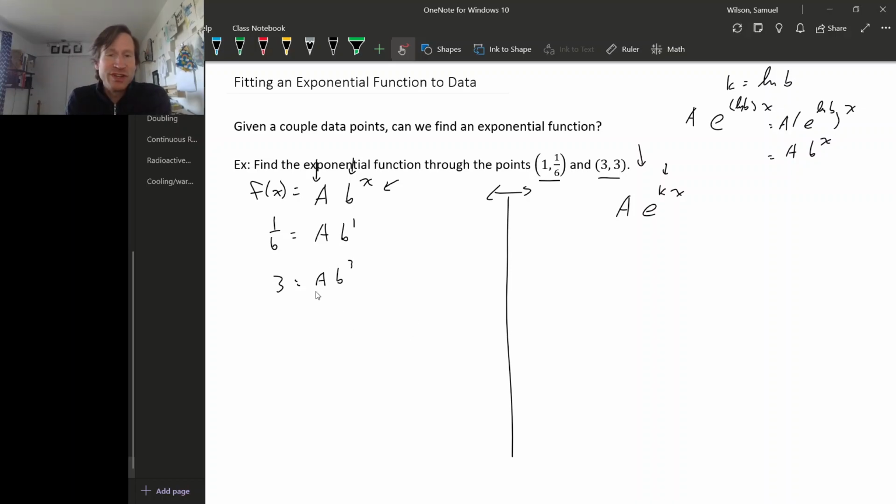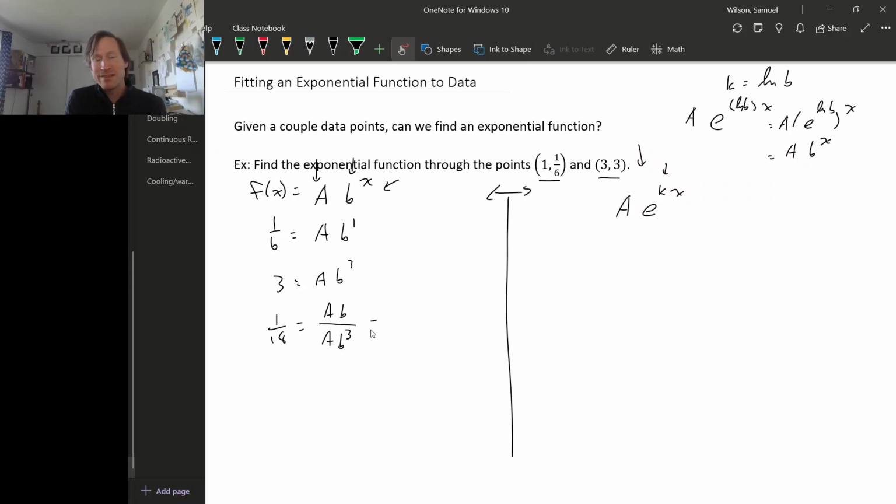Now for exponentials like this, there's a really nice way to make progress in solving this system. In general you're going to get these clumsy exponents on b, which can make it messy to explicitly solve for b. But one nice way of doing it is just dividing these two equations. So we can do 1/6 divided by 3, and that's 1/18. And on the right-hand side, we have a times b to the first over a times b cubed.